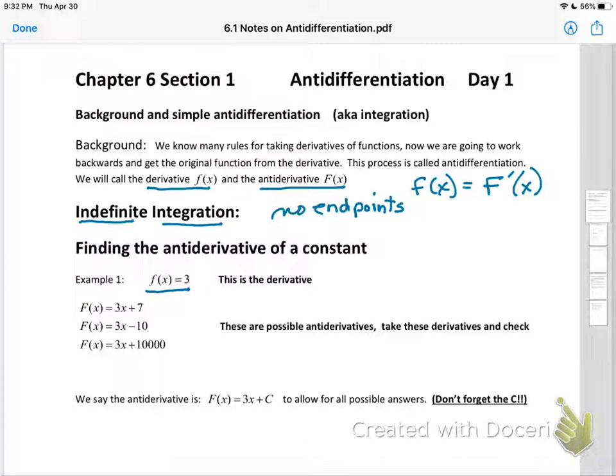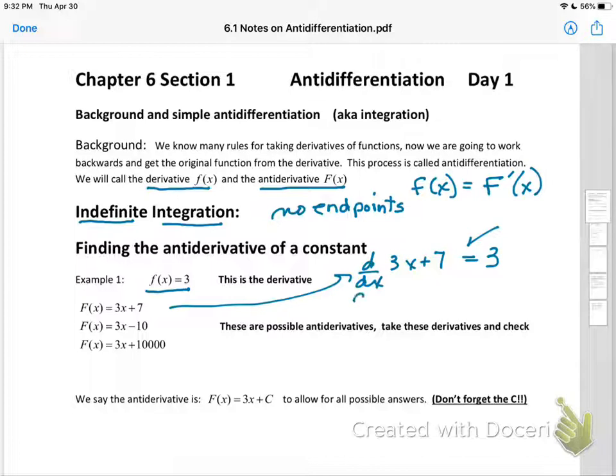If 3 is the derivative, couldn't the original function, the capital F of x, be 3x plus 7? Well, let's check. If you take the derivative with respect to x of 3x plus 7, don't you get 3? So that checks.